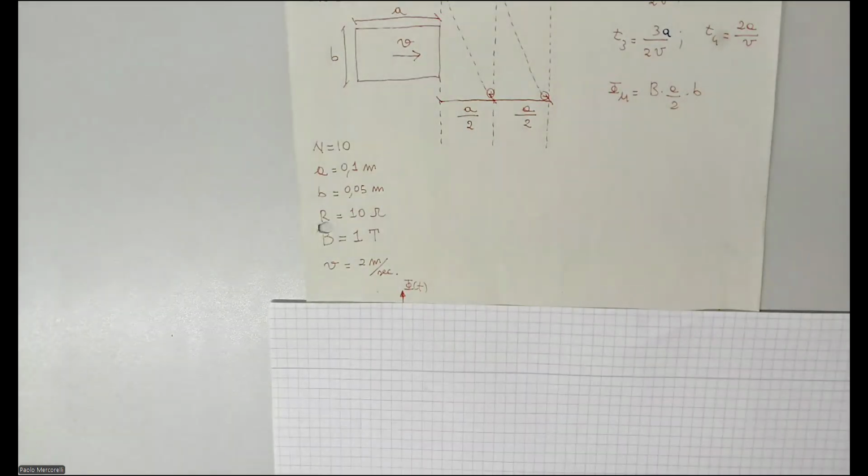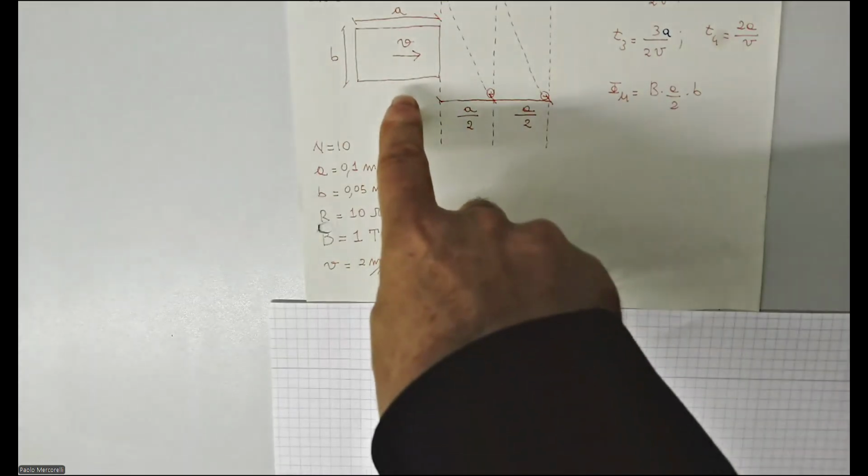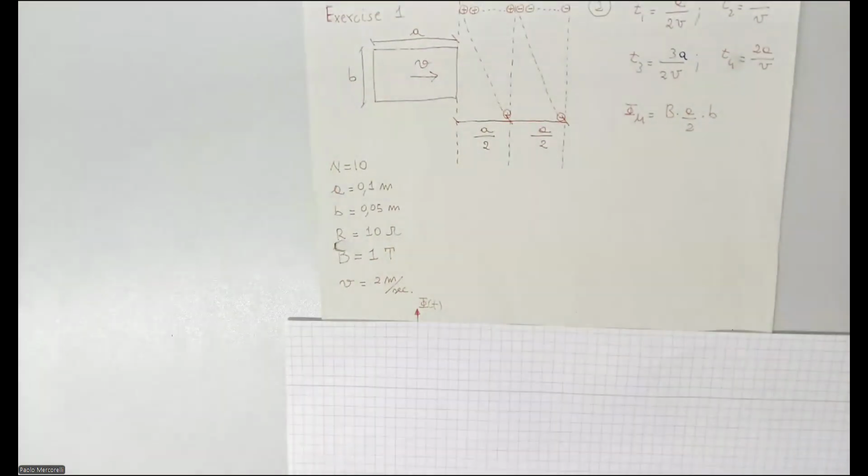You remember in the formal lecture, as in a possible introduction, I tried to clarify this concept. The movement in this direction is characterized by a constant velocity. We say in physics, uniform movement. This means the position changes over time proportionally with the time, and this proportional factor is exactly the velocity.